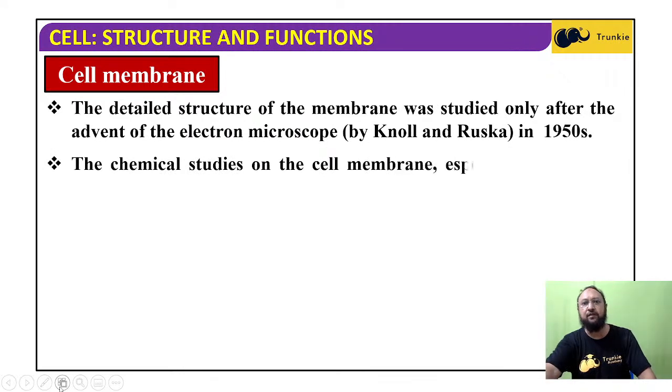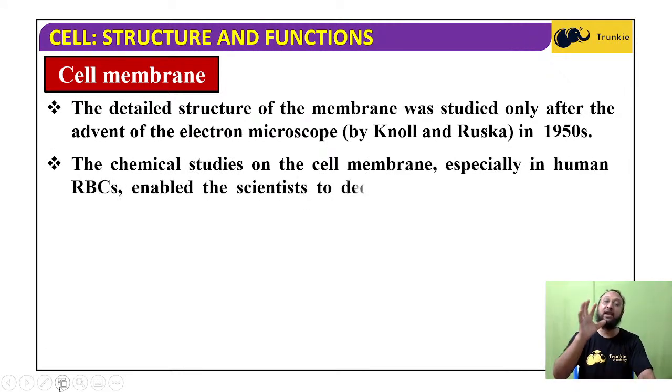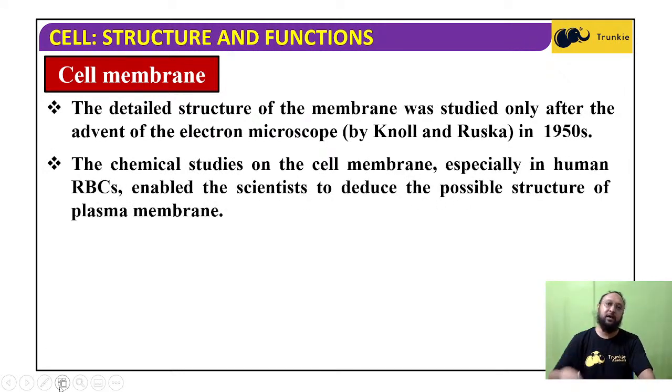Before this discovery of the electron microscope, there was some idea, some concept in the minds of the scientists: what is a cell membrane or plasma membrane, and what is it made up of. The chemical studies on the cell membrane, especially in human RBCs, enabled the scientists to deduce the possible structure of the plasma membrane.